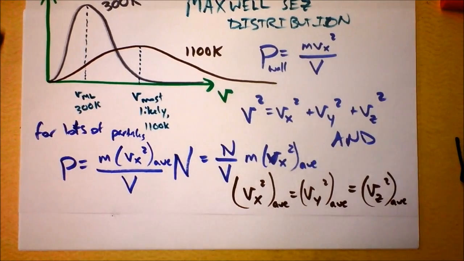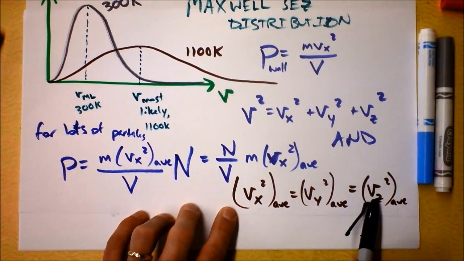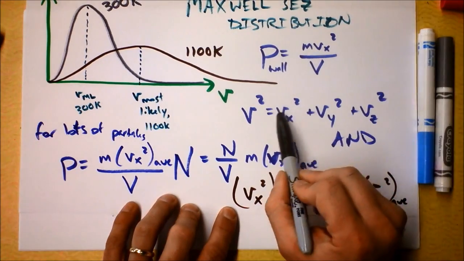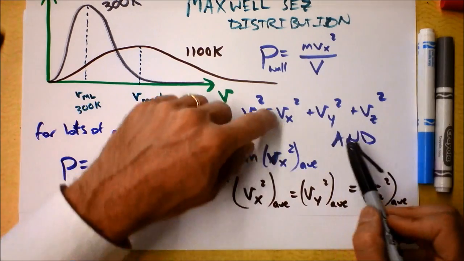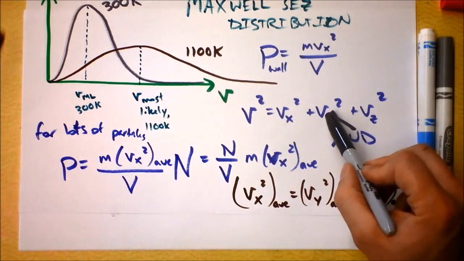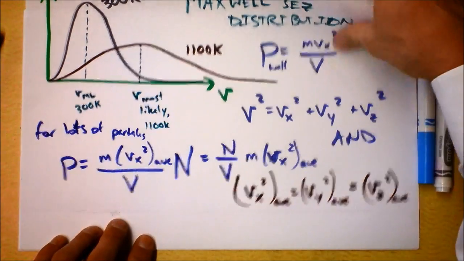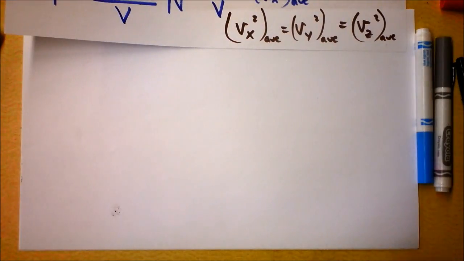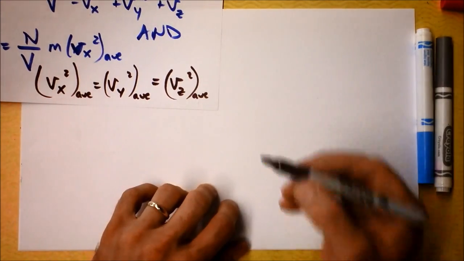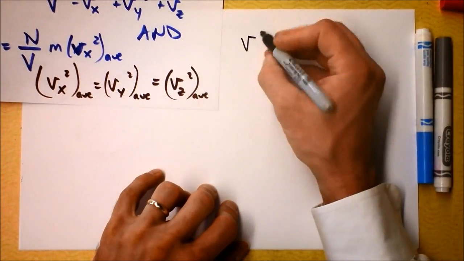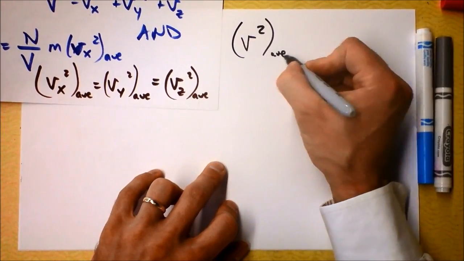All right, so the point is, if each of these are equal, and if I want the average of this, then the average of this is just 3 times this average, because these directions are all equivalent. So my next step, I'm going to take this equation right here and write down that V square, I'm going to square the total speed and then take the average.